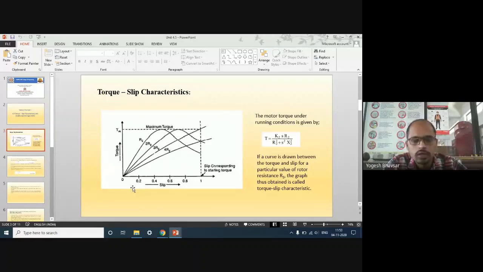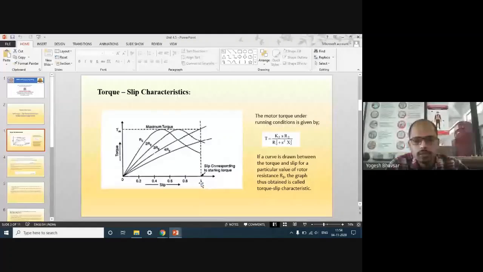The curve is drawn for values of slip between 0 and 1. The operation of the motor lies between slip 0 and 1.